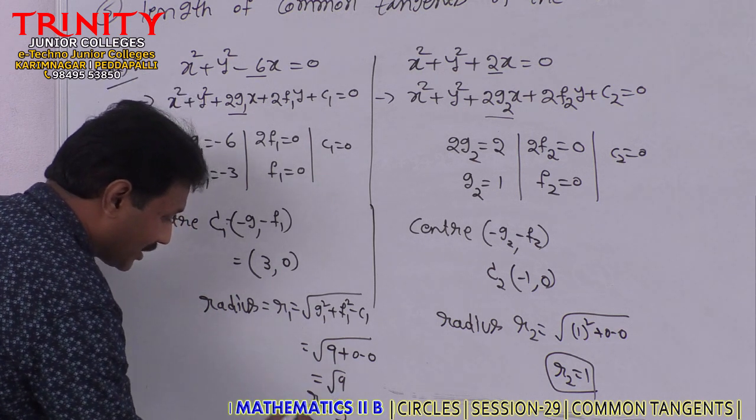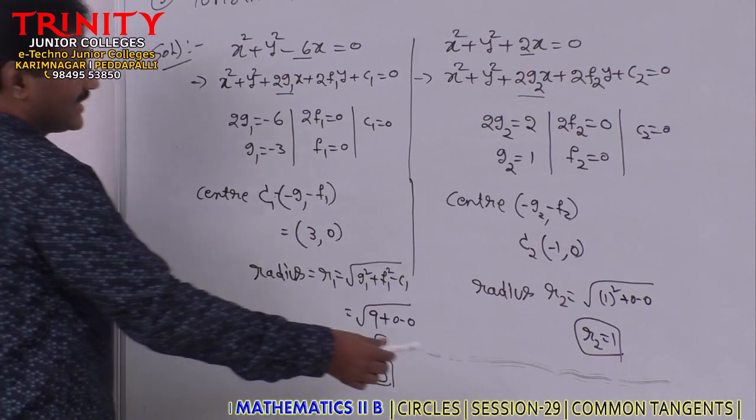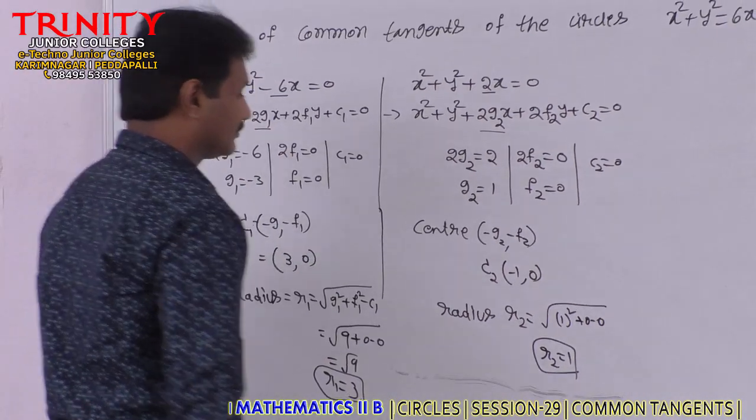Therefore r1 = 3. The radius of the first circle is 3. The radius of the second circle is 1.